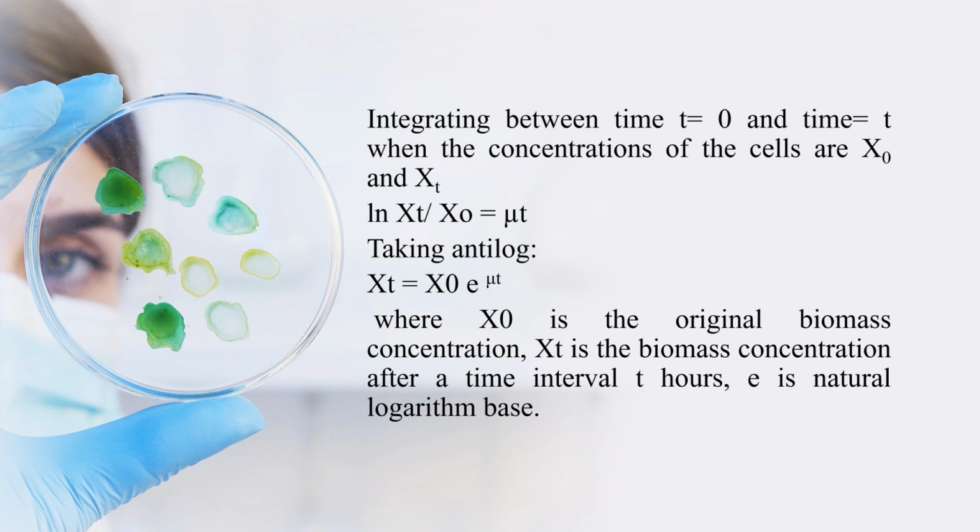What does it show? If you have the initial number of cells, the final number of cells and the number of hours that the cells have grown, you can calculate the specific growth rate of the particular bacteria. So this is the significance of this equation.